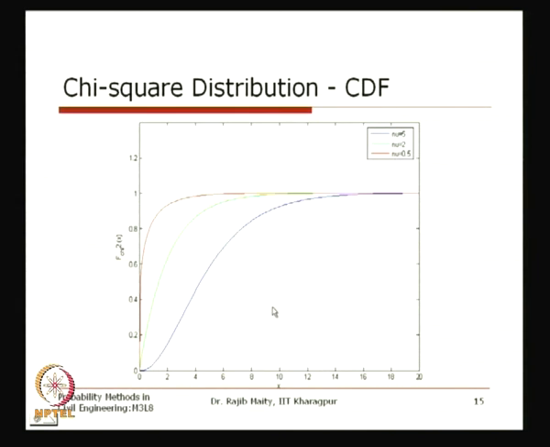And these are the cumulative distributions for those three chi-square PDFs shown in the last slide.